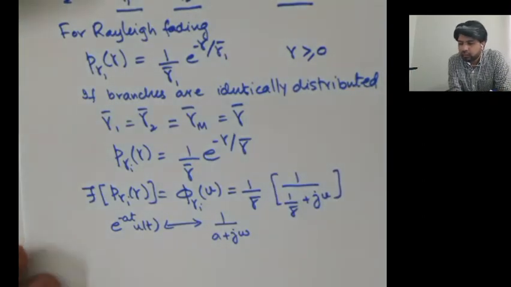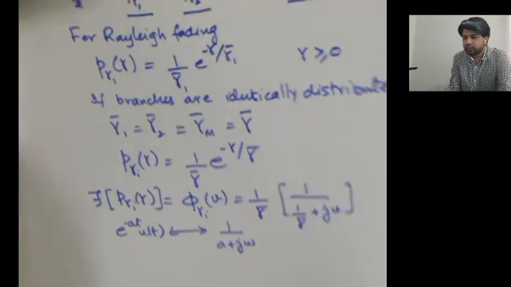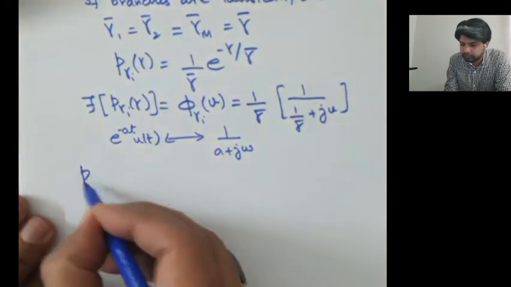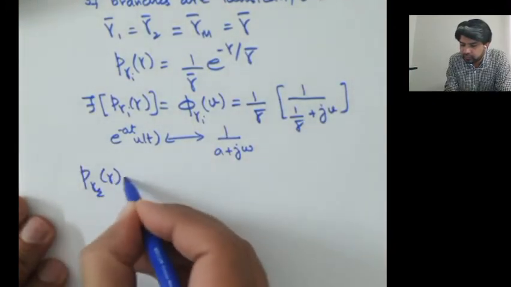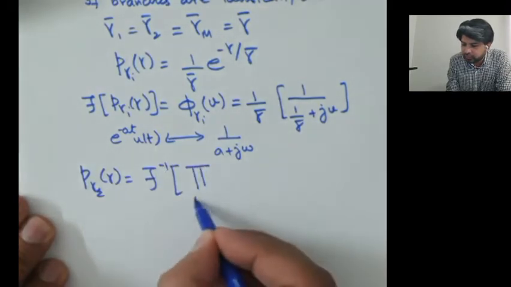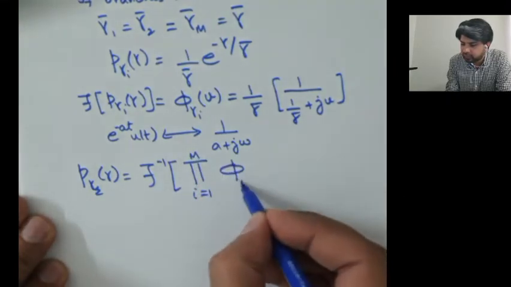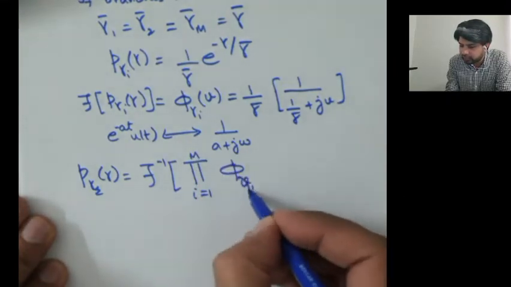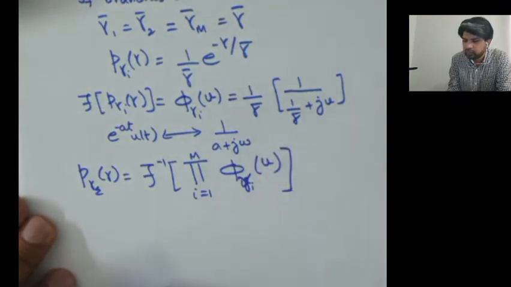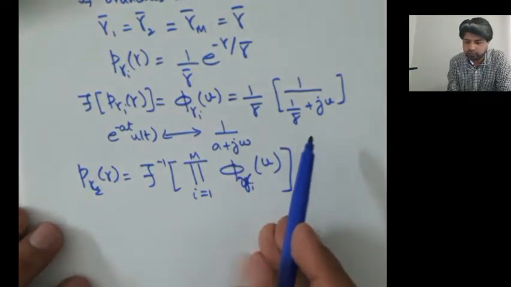Now, P gamma sigma of gamma is nothing but the Fourier inverse of this product, the product over i equals 1 to m of phi gamma I of V. But phi gamma I of V is fortunately equal for all of these branches.